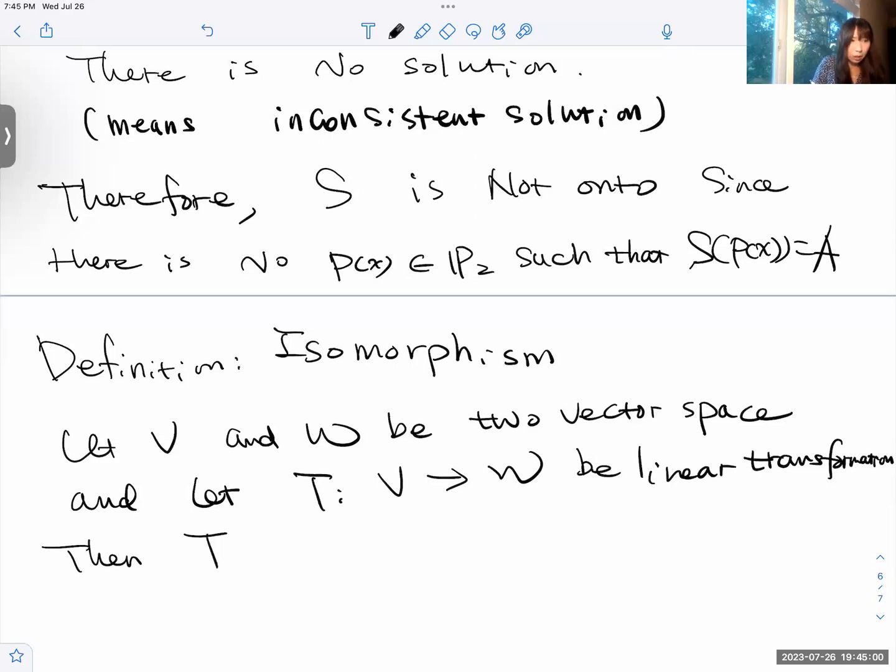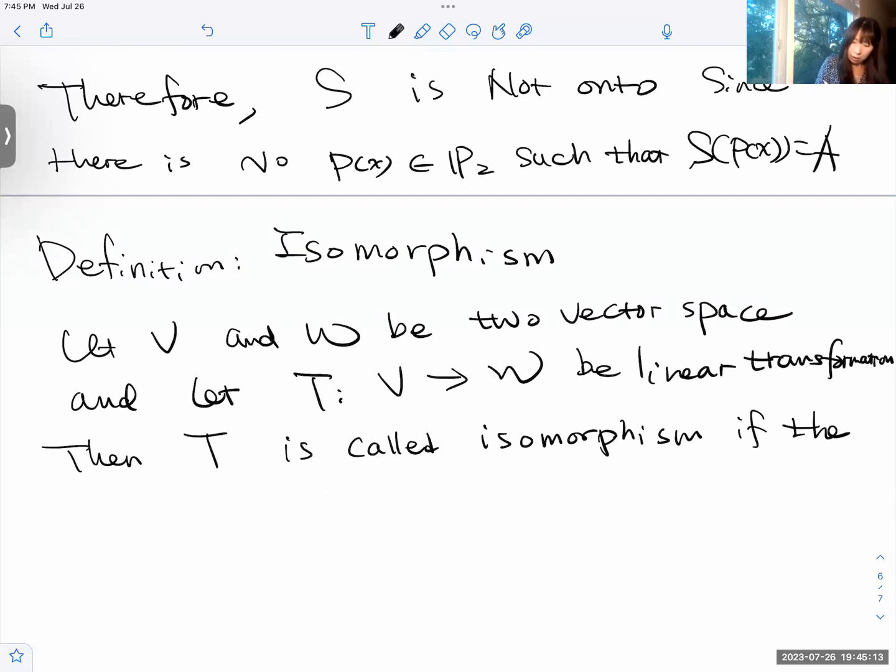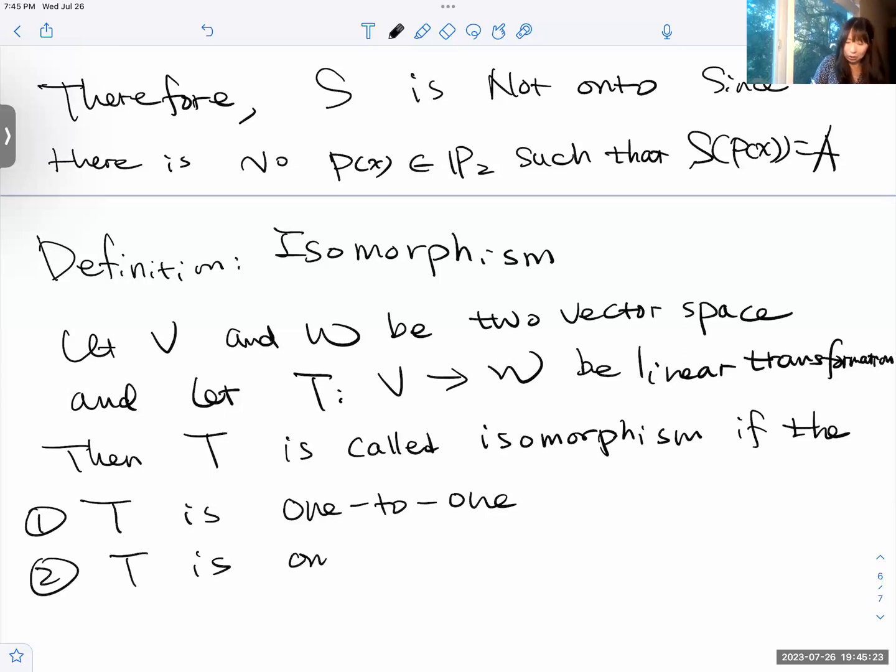Then T is called an isomorphism if T is 1-to-1 and T is onto.